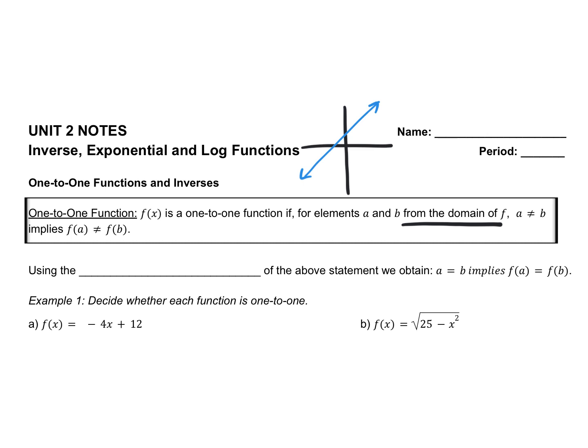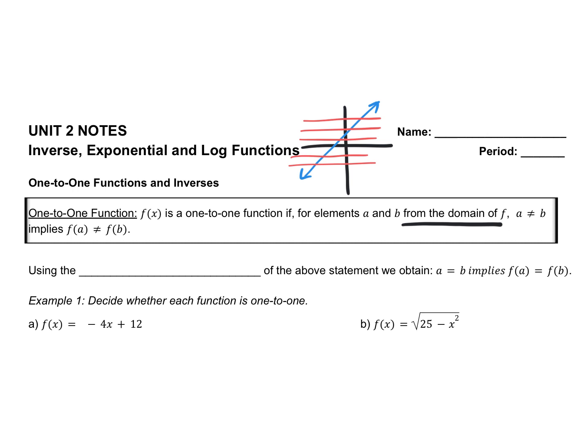So if I look at this horizontally, is there only one y value for every x value on this line? Yes. So instead of the vertical line test, we're going to use this thing called the horizontal line test to test whether or not functions are one-to-one.